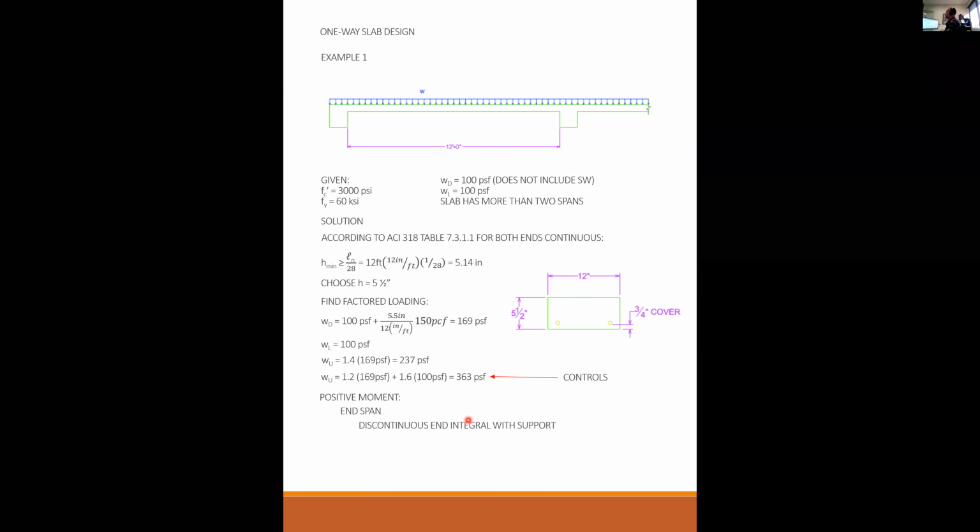So for the positive moment, we have a discontinuous end integral with the support. As you can see here, this is my end bay support. So the moment that we're designing for is WL over 14, which was 3.73 kip feet, or 44.8 kip inch. That moment, positive moment, occurs in the middle here between the two supports.